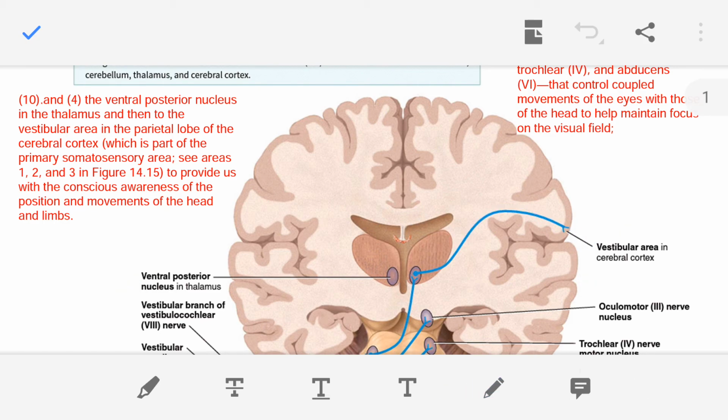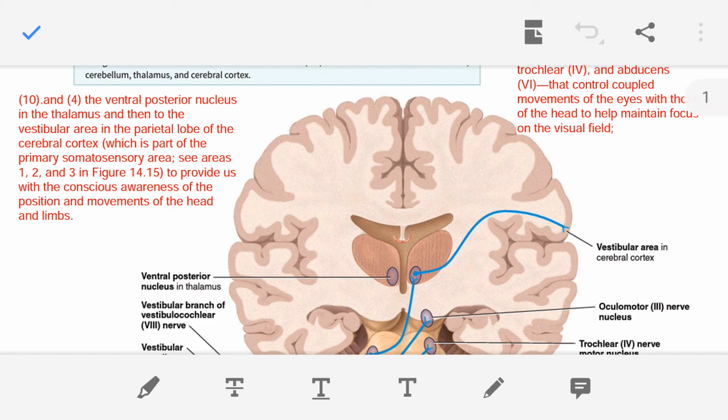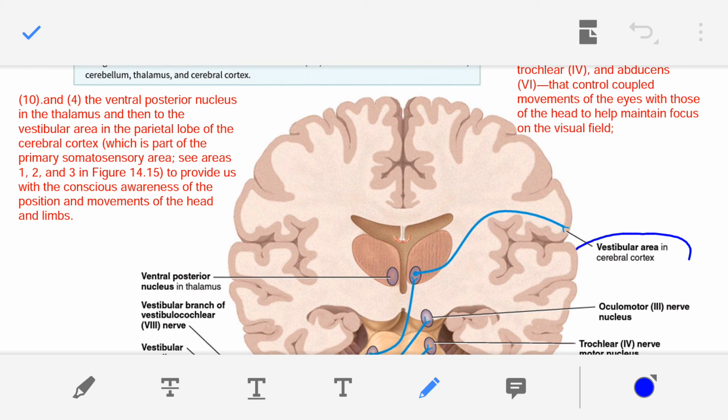This area provides us conscious awareness of the position and movement of the head and limbs. Finally, this area receives the nerve impulses and interprets all the inputs regarding equilibrium.